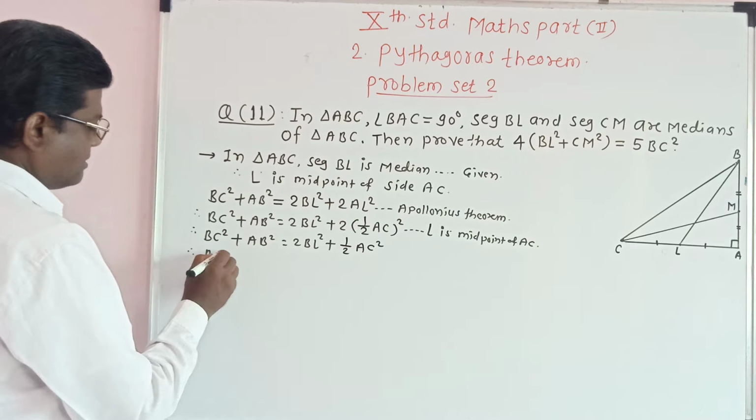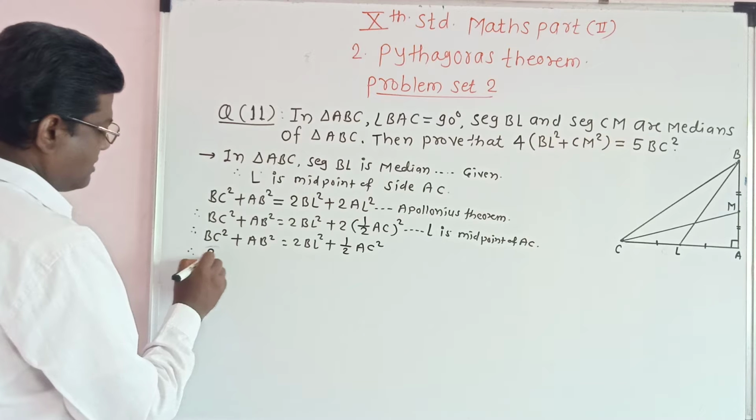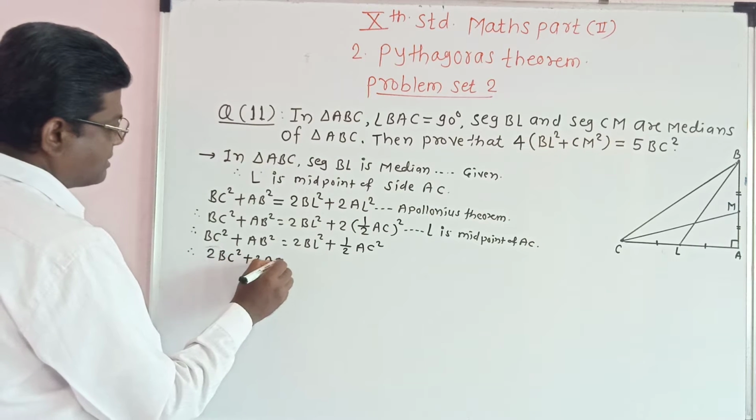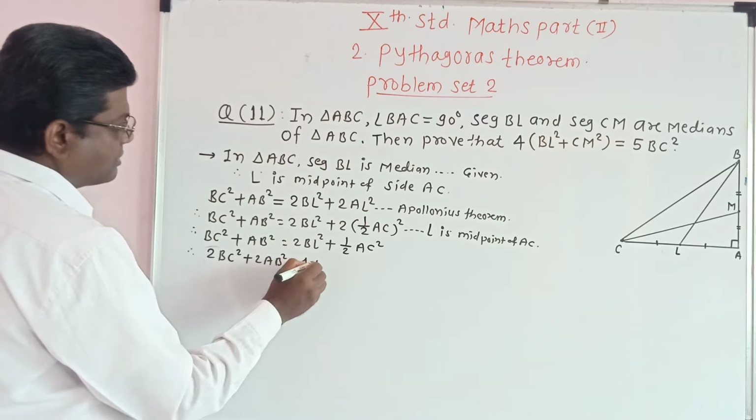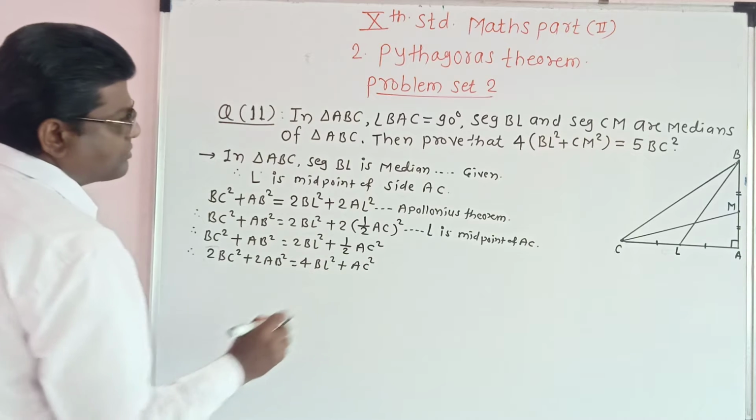Now multiply both sides by 2. Therefore 2BC square plus 2AB square is equal to 4BL square plus AC square.